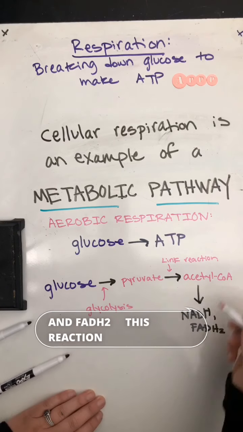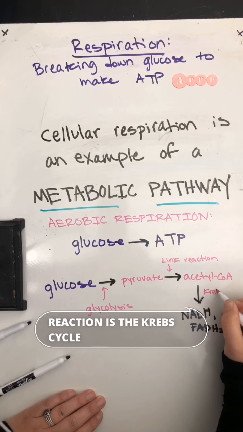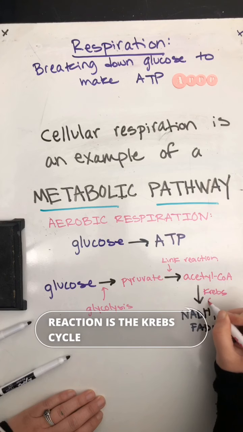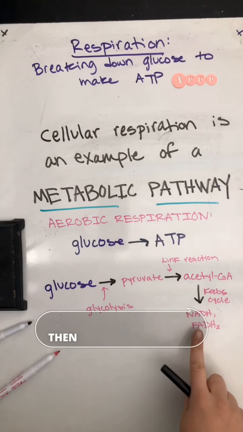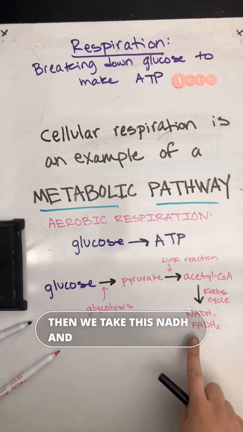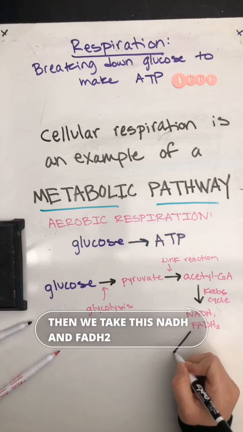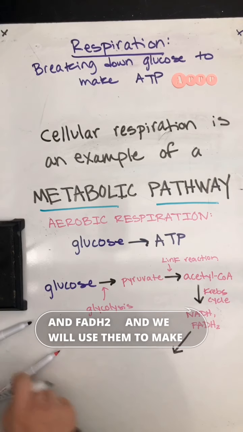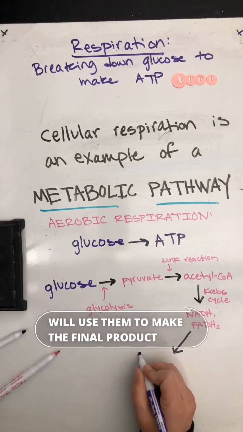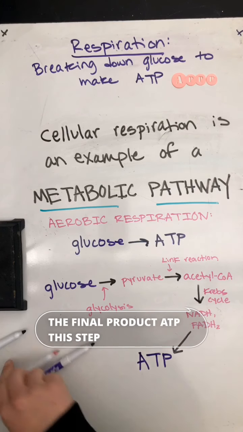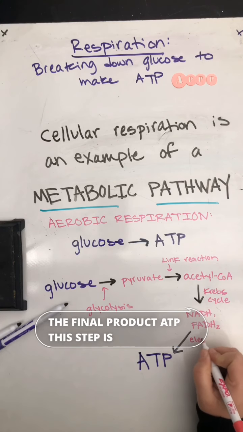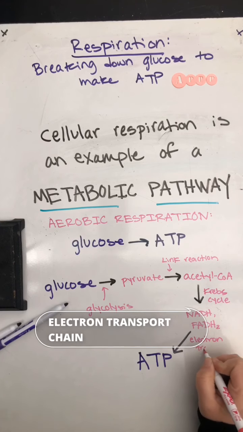This reaction is the Krebs cycle. Then we take this NADH and FADH2 and we will use them to make the final product, ATP. This step is the electron transport chain.